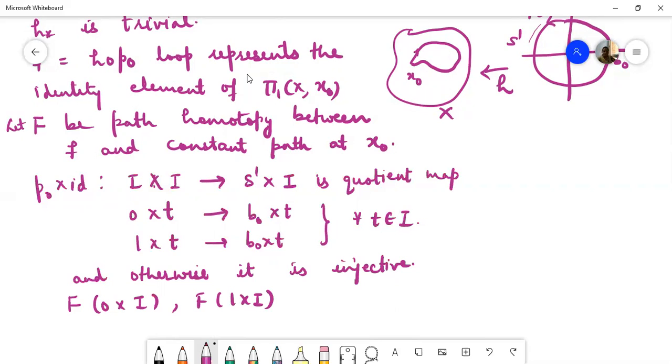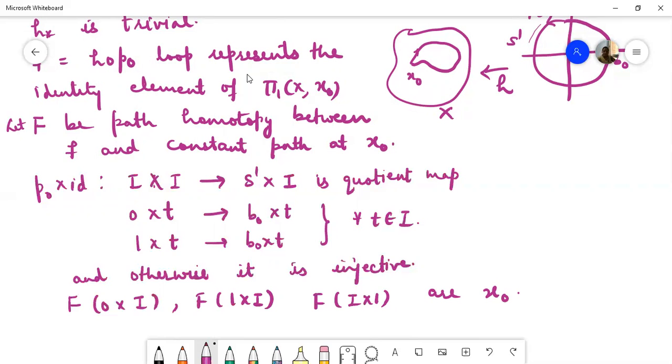And secondly, because it is a homotopy between f and the constant path, F of I cross 1 is also x naught. So all these three, 0 cross I, 1 cross I, and I cross 1, are x naught.